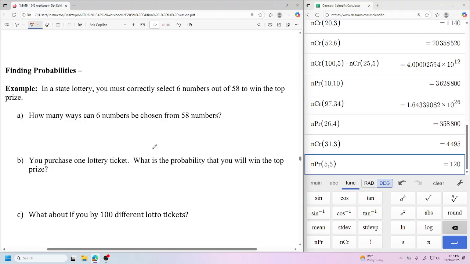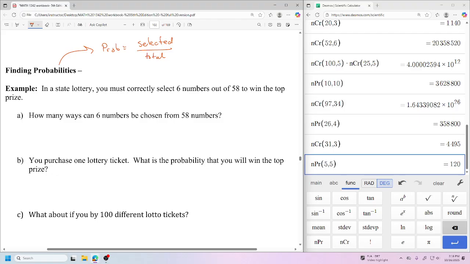And these are pretty big. So I'm going to slow down big time because it's a brand new concept, okay? So always remember that probability is selected over total. Let's keep that in mind every single time when I do this math, selected over total. So it says in a state lottery, you need to select 6 numbers from the 58. How many ways can 6 numbers be chosen from 58? Just like straight up. So is order important?